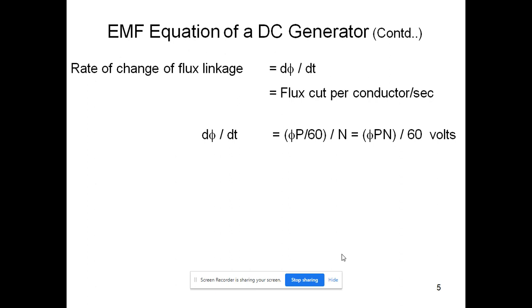On substituting the previous values, that is d phi and dt, in the above equation, we get phi into P by 60 by capital N, which is equal to phi N P by 60 volts.